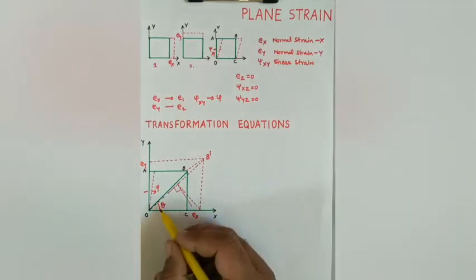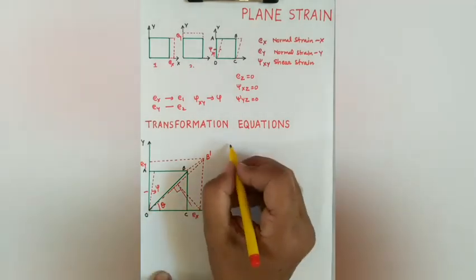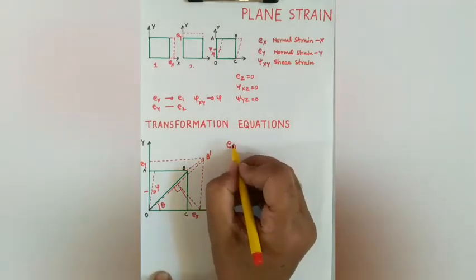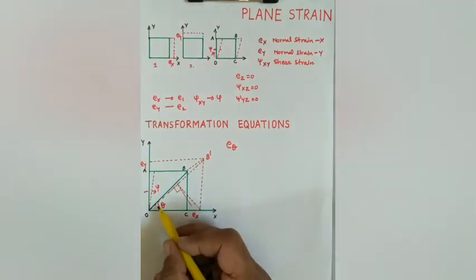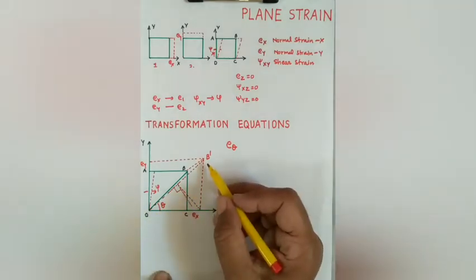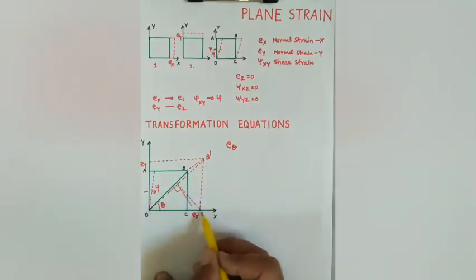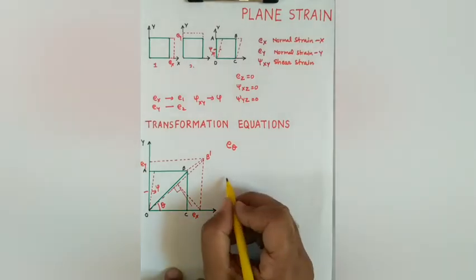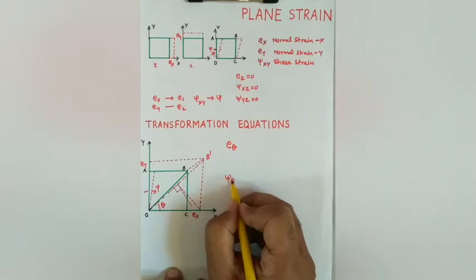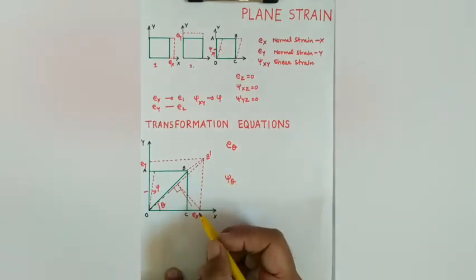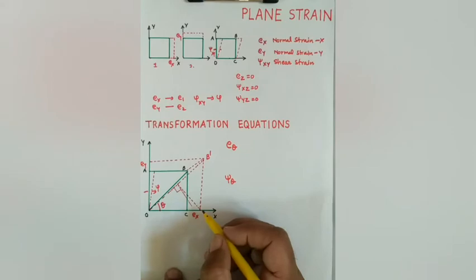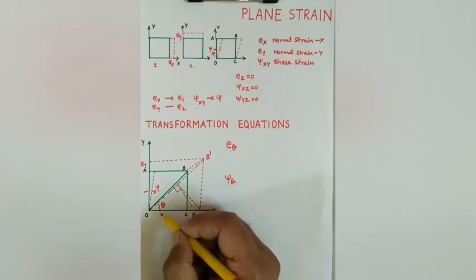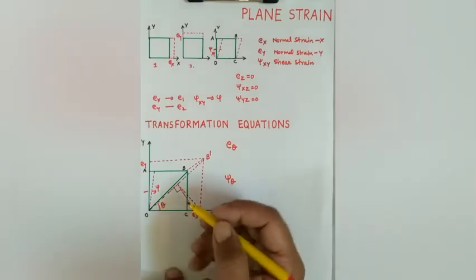Now we have a transformation equation to find E theta, that is the strain along the theta direction from the direction of the x-axis, and we also have psi theta to find the shear strain at an angle theta.